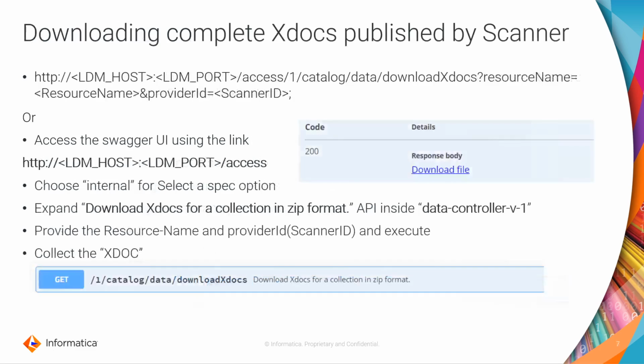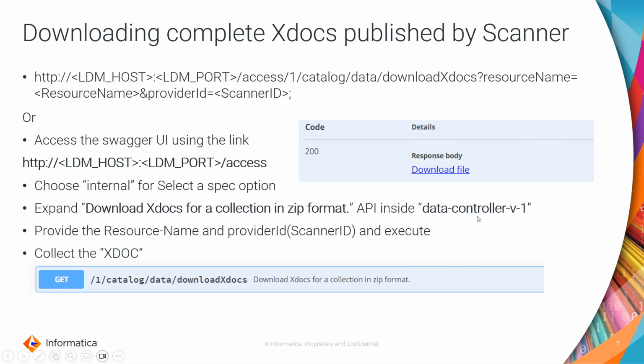Or we can collect the XDOCs in zip format by downloading it using another API, which is download XDOCs for a collection in zip format. This is how we can download the zip file, and either the complete URL can be used or the Swagger UI can be used.